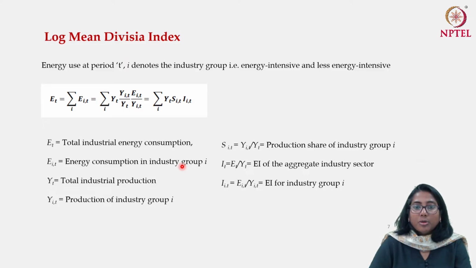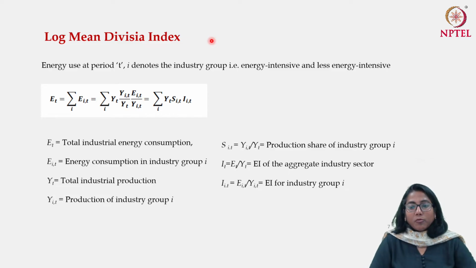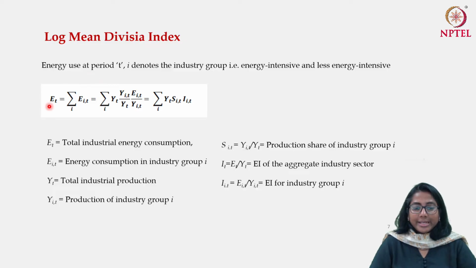Coming to the theoretical formulation, this is one way of doing index decomposition analysis, and this is called the log mean Divisia index. What do we do here? We take E_T. What is E_T? E_T is the energy consumption for the Indian manufacturing sector at time point T, where T denotes the time period.